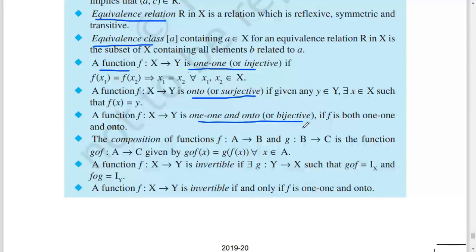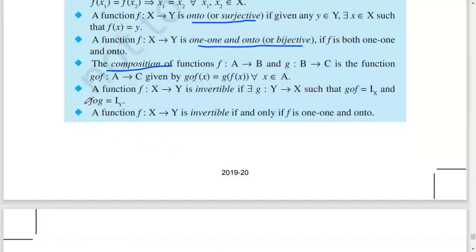The composition of functions f: A → B and g: B → C is the function g∘f: A → C given by (g∘f)(x) = g(f(x)) for all x belonging to A. A function f: X → Y is invertible if there exists g: Y → X such that g∘f = I_X and f∘g = I_Y.